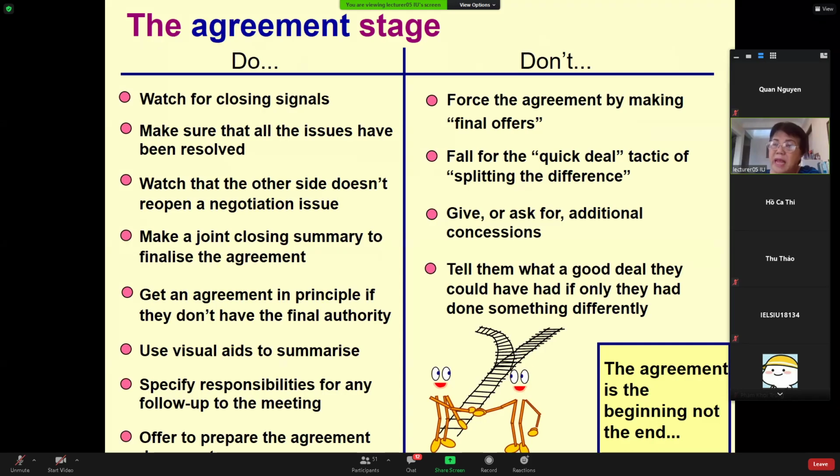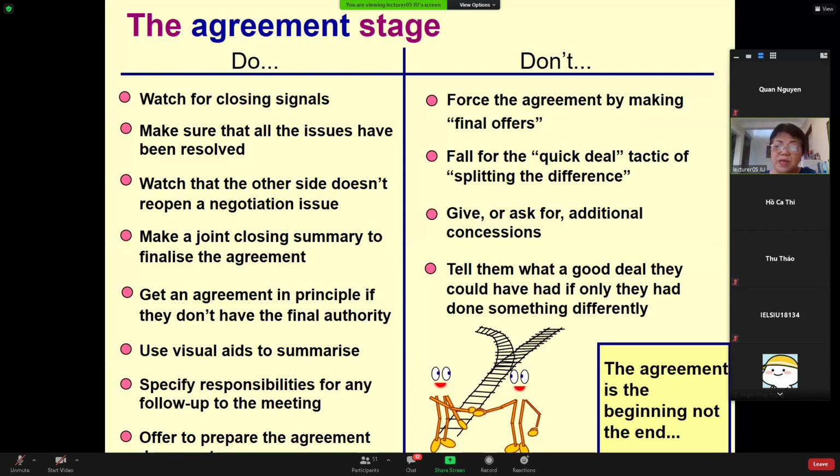We see if there is any opportunity to meet again, or we ask for a joint closing summary to finalize the agreement. Sometimes we have to compromise, and we get an agreement in principle if they don't have the final authority at the end of the meeting.